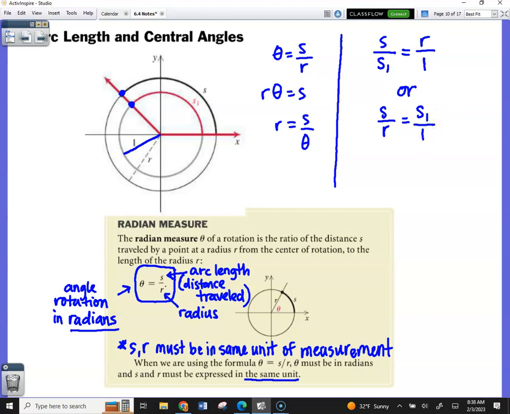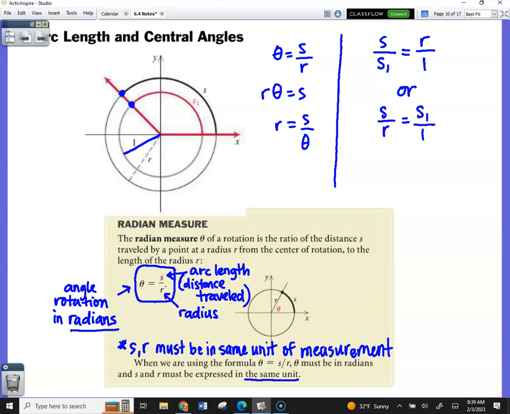Do you see how I switched that? And what is S over R? S over R is theta, right? Look right here, S over R. We just learned there's a new relationship, new formula in town. Theta is the ratio of S over R.